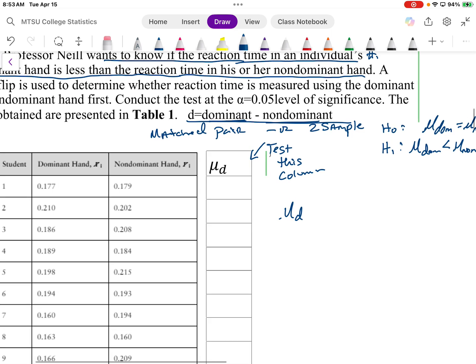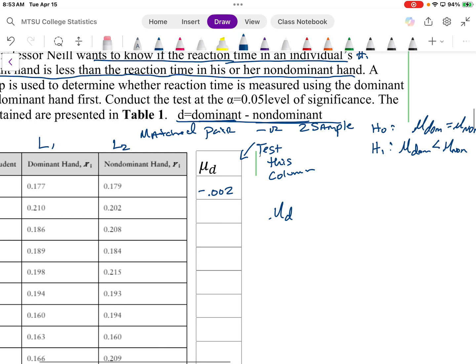I went through and did this on the calculator earlier. I put the dominant in L1, the non-dominant in L2, and told L3 to go ahead and subtract them. These are the answers I got for this column here. So if you can, join with me and just write these down, because all we're going to do is type these numbers in to make it go a little bit quicker.